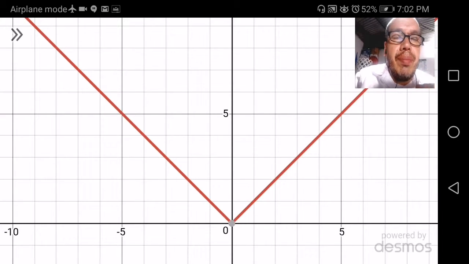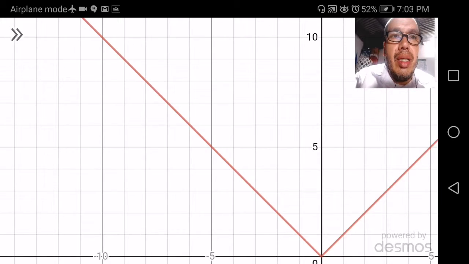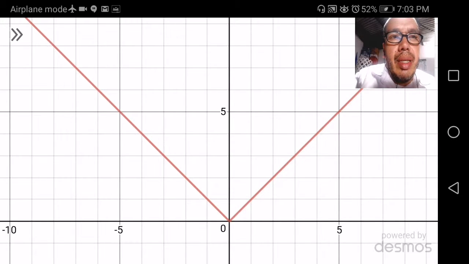You can see that on the right side over here, you have just the regular y equals x straight line, and then on the left side, apparently you have y equals negative x because the slope is -1. But the whole idea is that what you're getting is a number that is always the positive value of whatever you put into the function.